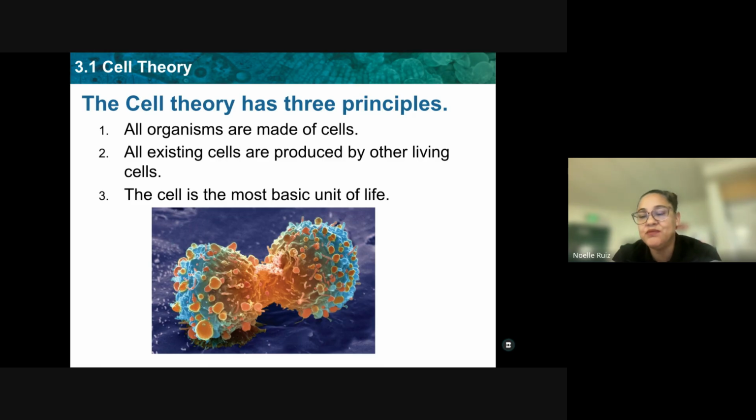And the cell is the most basic unit of life. And your Ed puzzle this week is about how the cell theory came about and was formed, and what scientists had a hand in forming it.